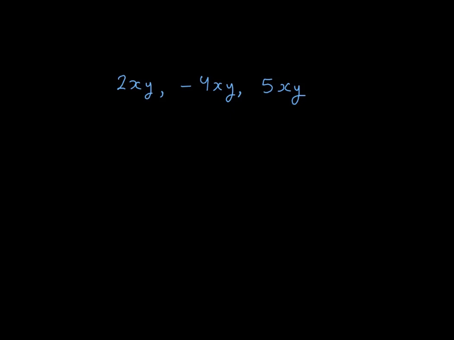In the first term which I have written here, its coefficient is 2, but the variables are x and y. So x into y is an algebraic factor here. In the same way, we can see xy here and the second one, and also in this third one. These three are the like terms.